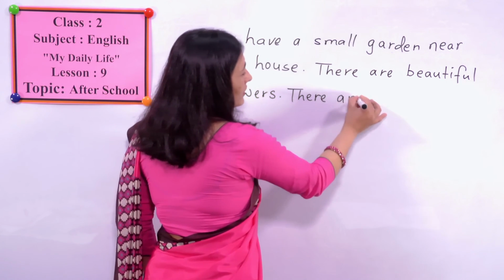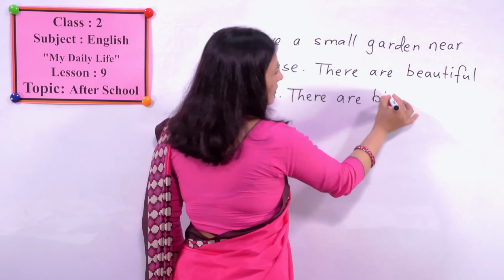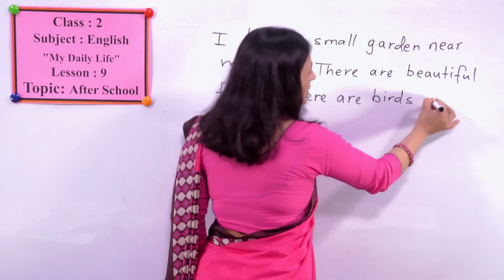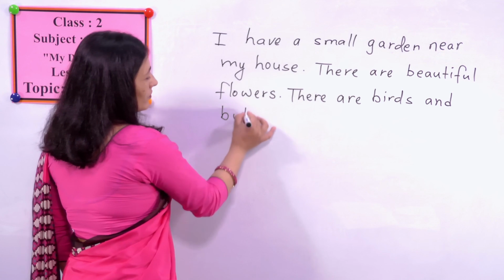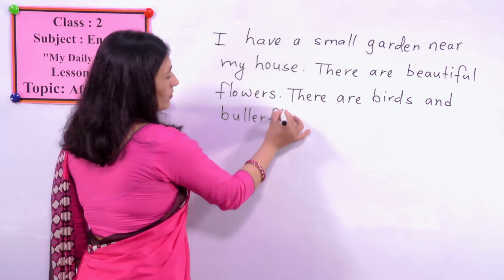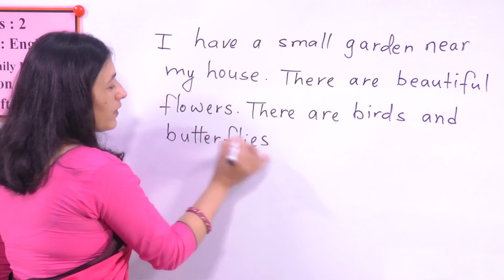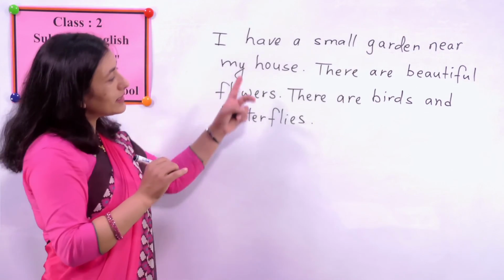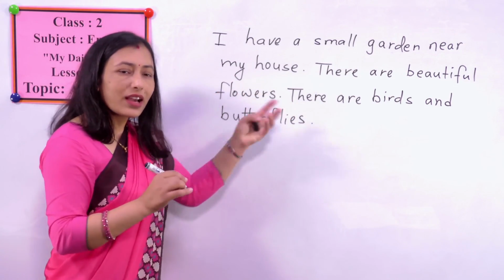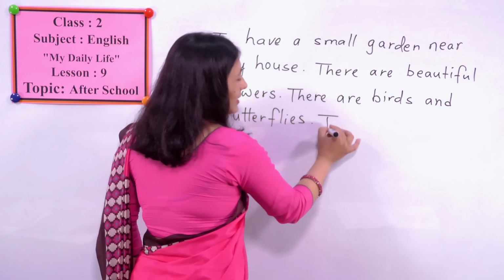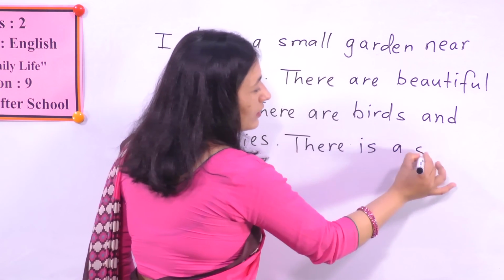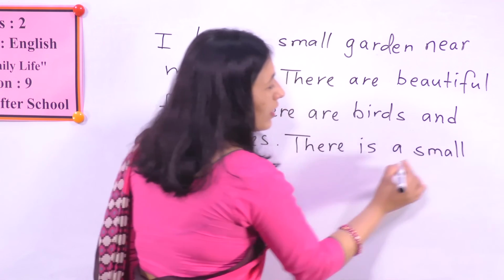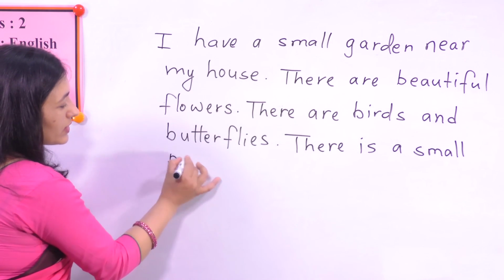There are birds and butterflies. In the same way, you can write a paragraph. You can also write, there is a small pond.